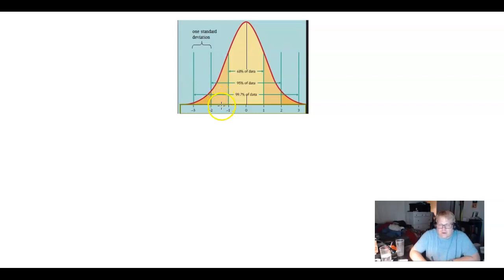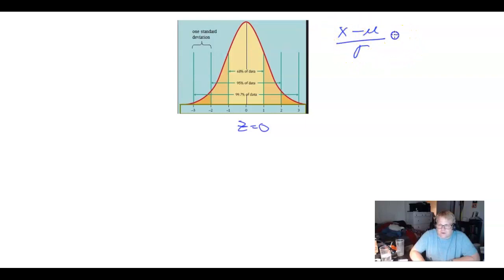So if you get a z-score of 0, that means you're on the mean. And that would make sense, because our formula is x minus the mean divided by the standard deviation.